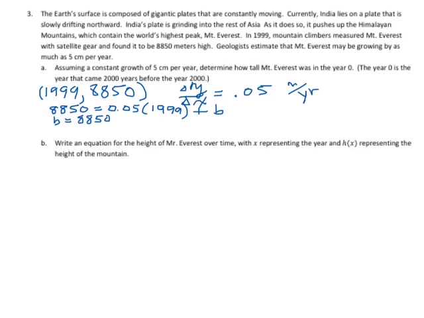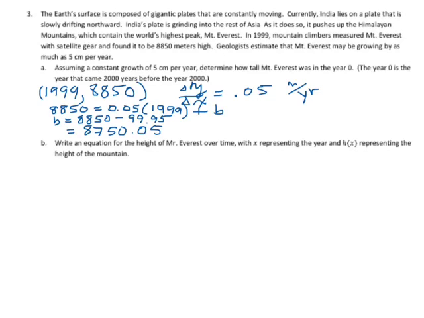8,850 minus, I'll just consolidate, 0.05 times 1999 is 99.95, which is equal to 8,750.05.